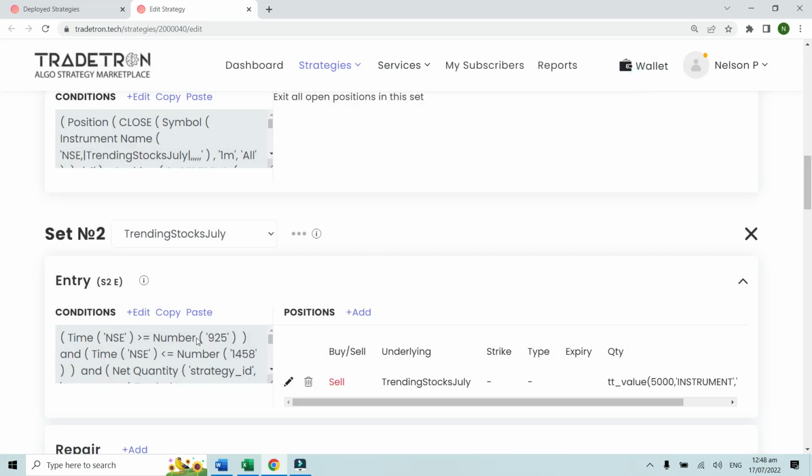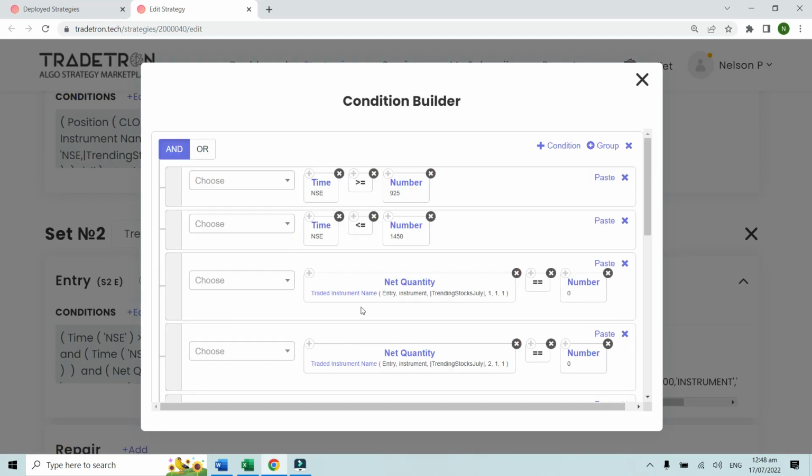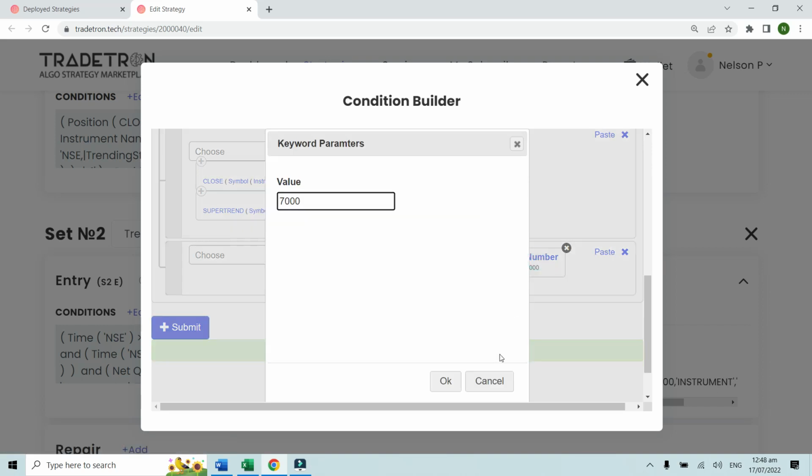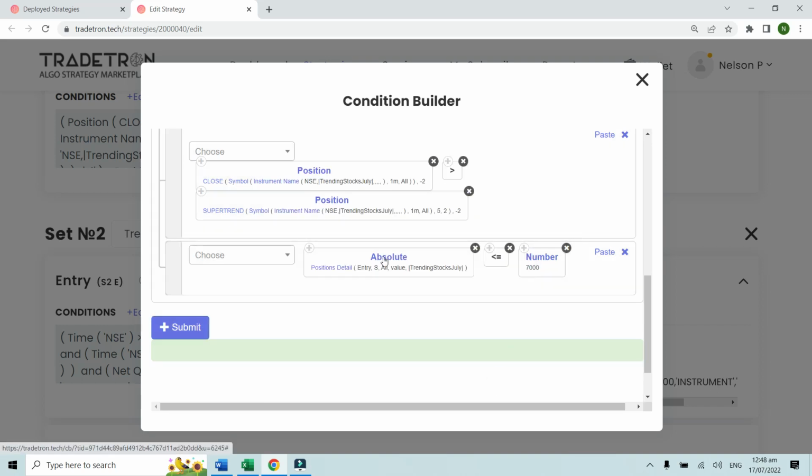So in order to nullify the negative aspect of the positions detail keyword for the recorded value, instead of using minus number 7000, which would be a little confusing, we have used positions detail with the absolute keyword. So the absolute keyword, instead of recording minus 7000, will take 7000 as the absolute value rather than playing around with positive or negative. So that's how it will calculate 7000 for 2 times entry.